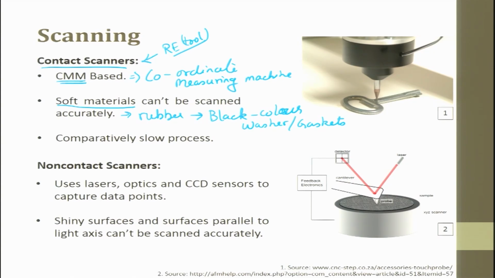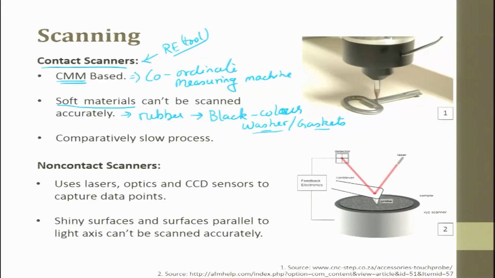If you want to seal it, we always put a gasket in between. So, if you want to measure the dimensions or the form accuracies of these things, it is very difficult because these gaskets and washers are soft, and when you try to touch it, it will deform the object, and the moment you try to get the data of the deformed object, when you reconstruct the object, you will see that there will be a lot of error in the data points.